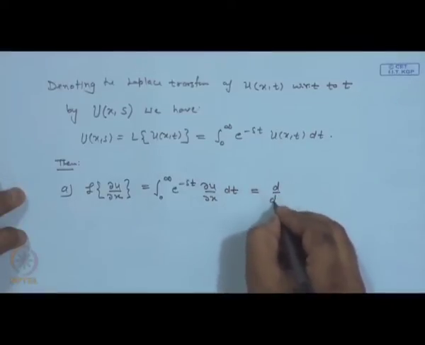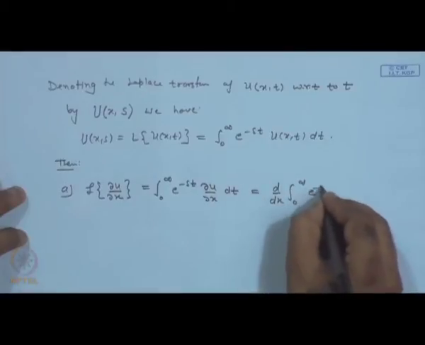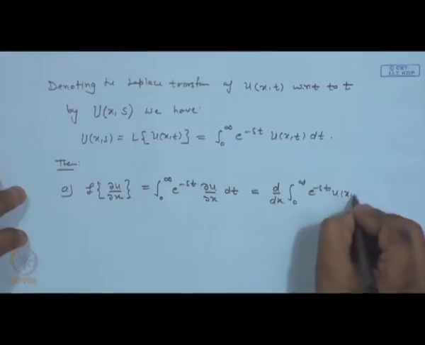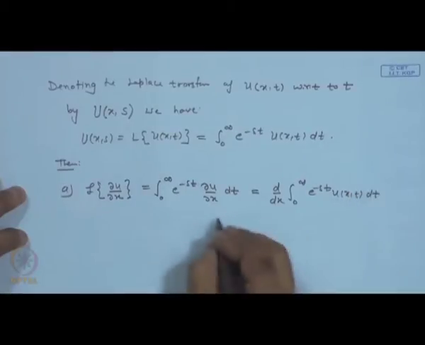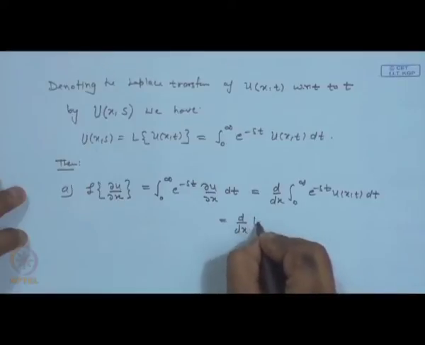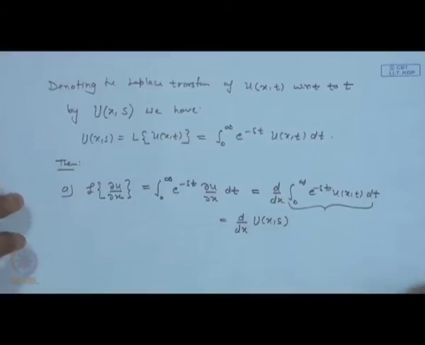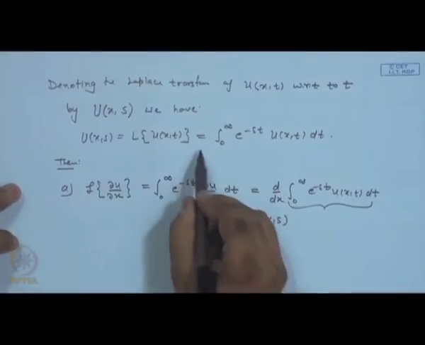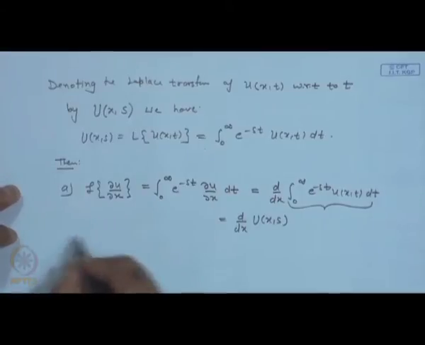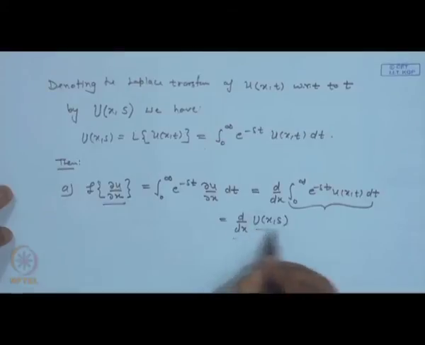So, this is equal to d over dx of the integral from 0 to infinity of e^(-st) u(x,t) dt. This is nothing else but d over dx of u(x,s), the Laplace transform of u(x,t) as per our definition. So, what we see here is that the Laplace transform of the derivative is the derivative of the Laplace transform.